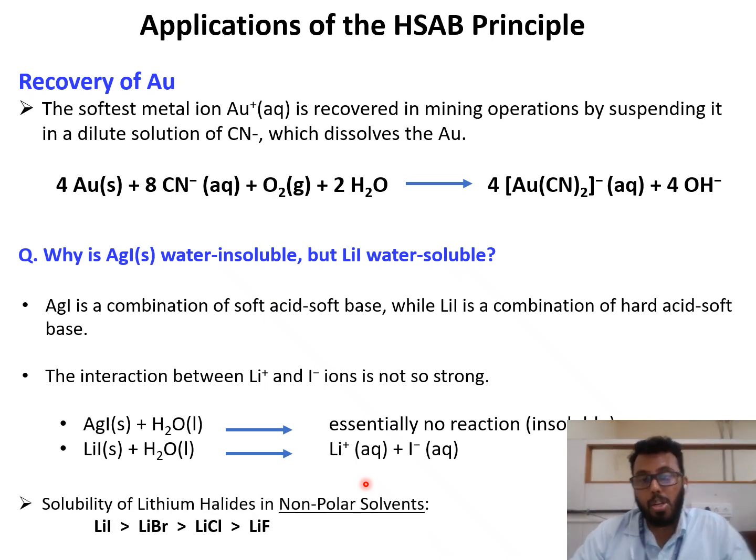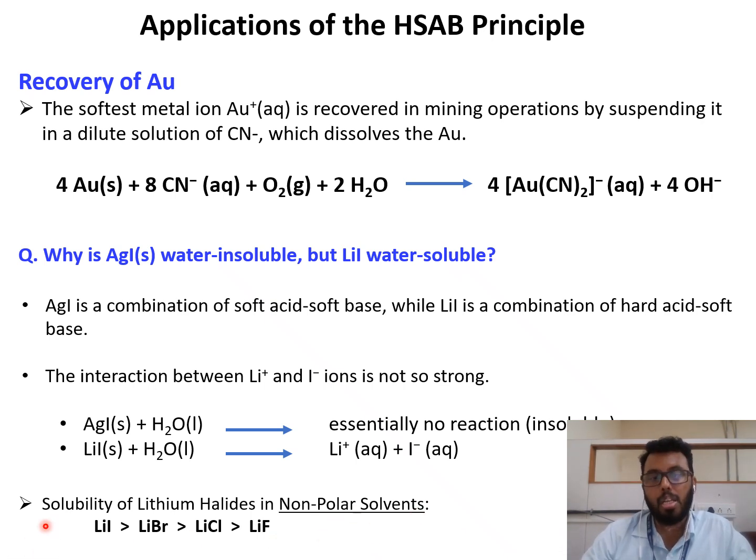Not only in aqueous solvent, the solubility of lithium halides in non-polar solvents also follows this order. So lithium iodide is easy to polarize. It can dissolve very easily in non-polar solvent, followed by bromide, chloride, and fluoride. You just follow this halogen series: fluoride, chloride, bromide, and iodide.